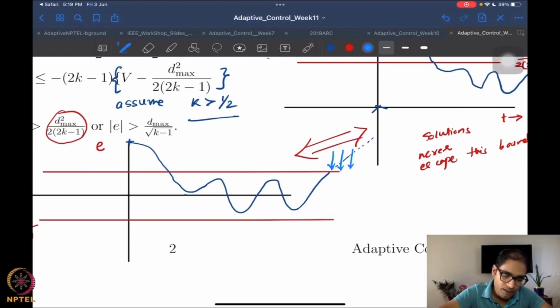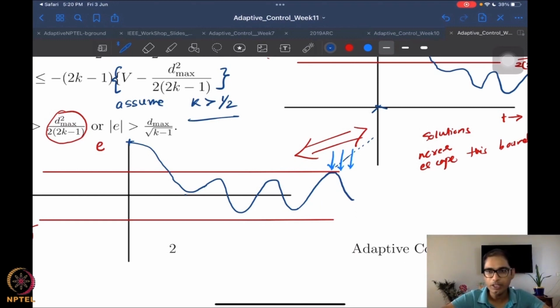This gets enforced exactly at this boundary. So if this trajectory tries to cross this boundary, there is a push downwards. Therefore this trajectory cannot cross, it will just curve down and go this way.